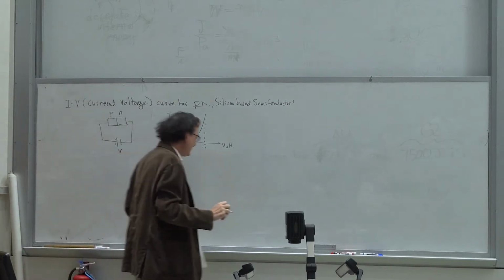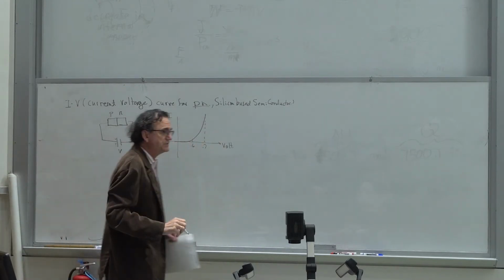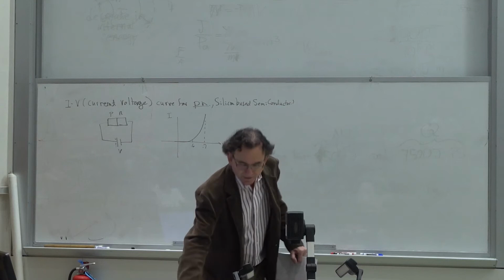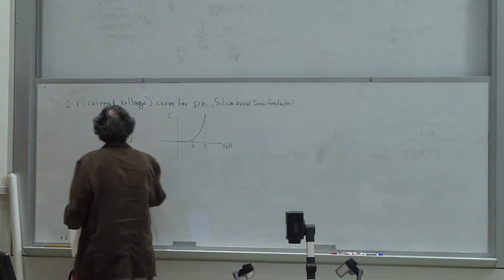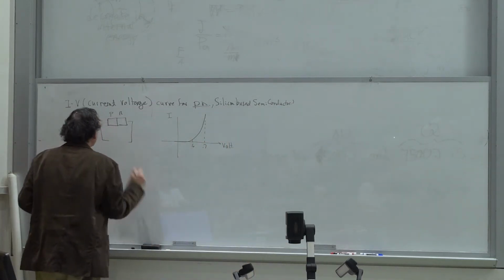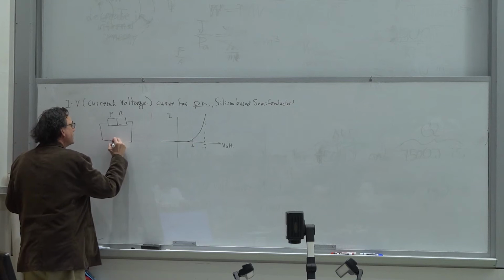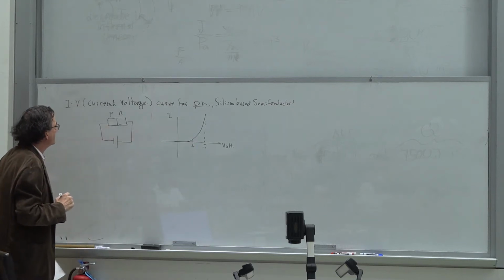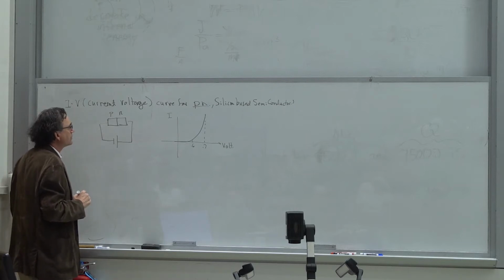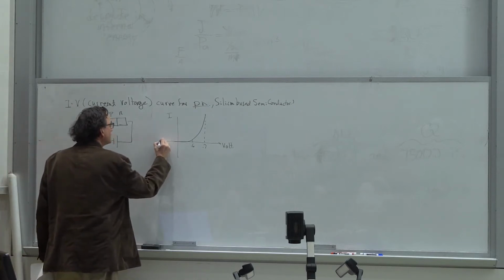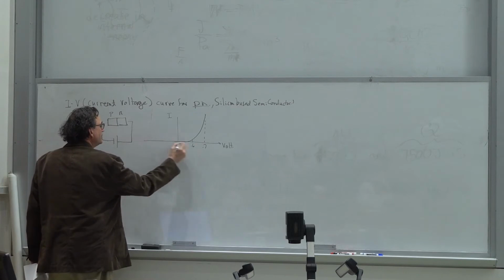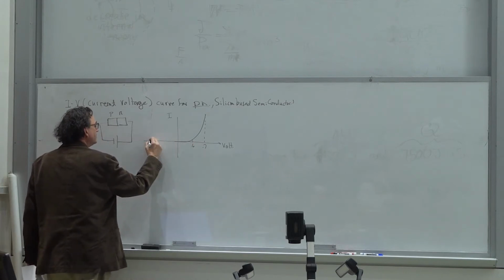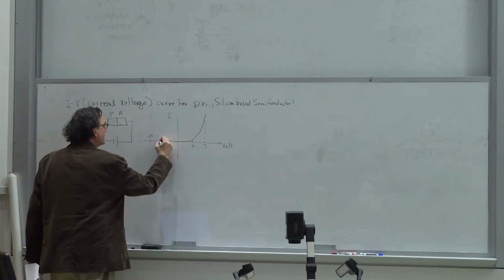Furthermore, we said that if we do the reverse biasing of the diode, namely that we change the orientation so that this becomes the negative side and this becomes the positive side, the diode will not conduct current. There is no current flow until you get to a breakdown voltage, on a nonlinear scale, at minus 12 volts, and then the current zooms off.